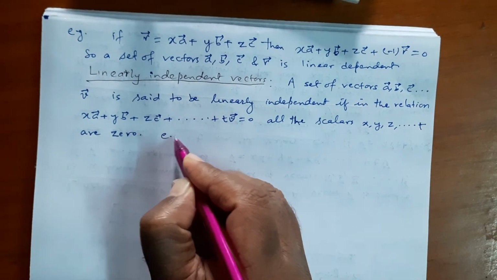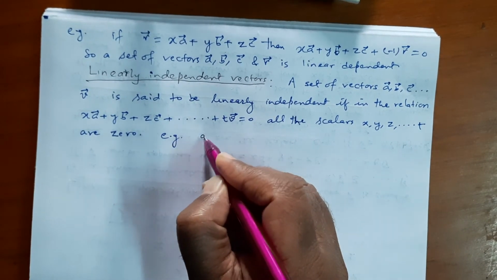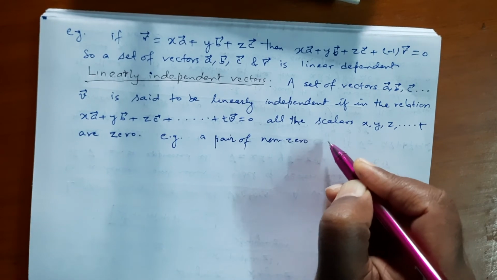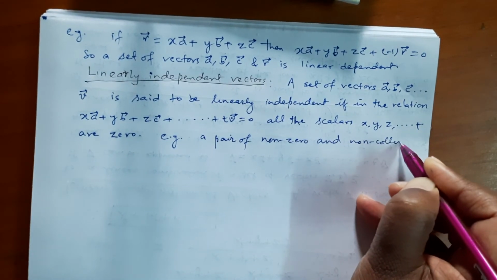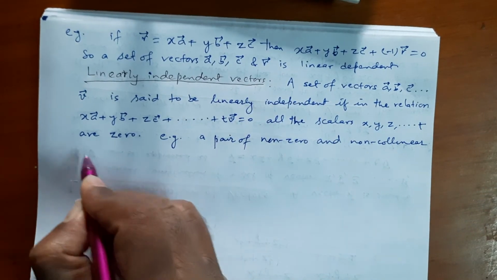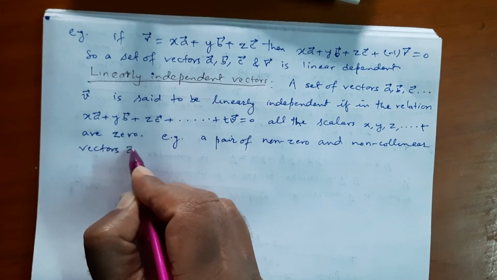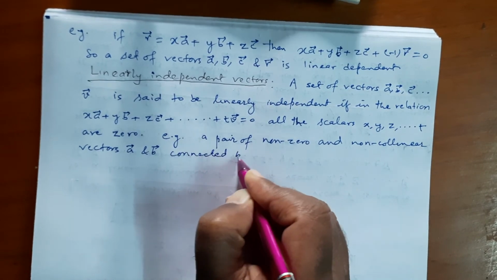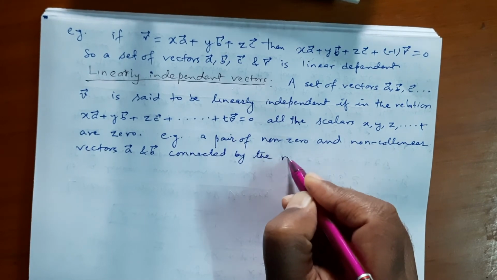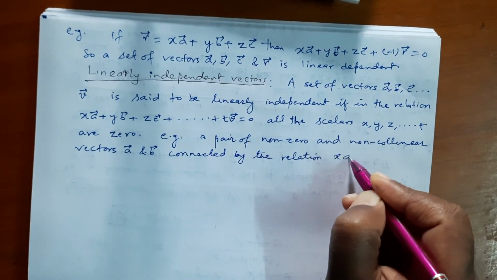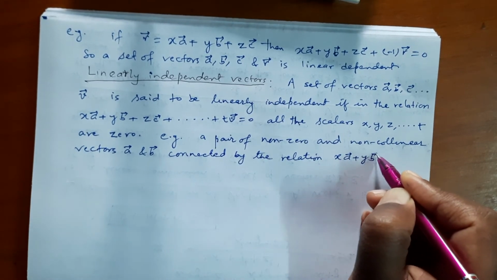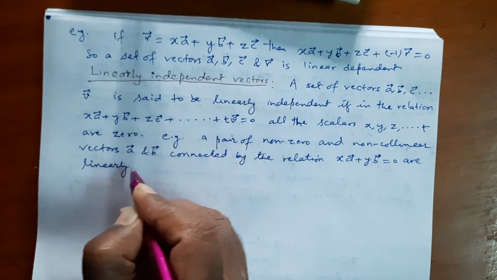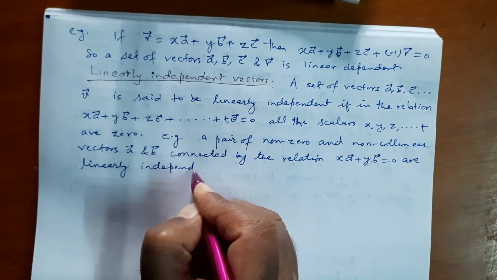Okay, now look at the example of this. A pair of non-zero and non-collinear vectors A and vector B connected by the relation x a vector plus y b vector equals to 0 are linearly independent.